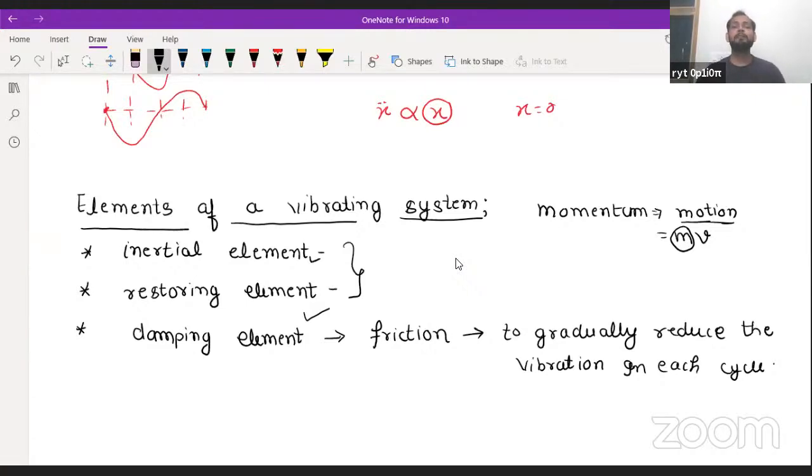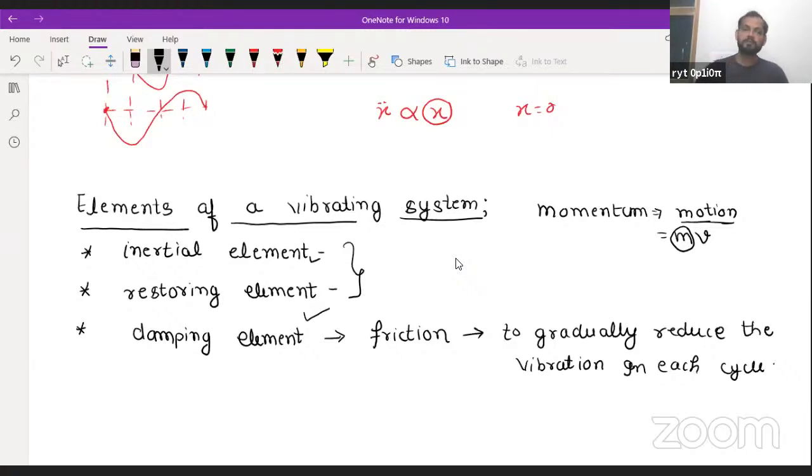So when a damping element is inside our system, in each cycle the energy of the system is wasted, so it gradually decreases. As you have observed, when you displace a pendulum from its mean position, after some interval of time it comes to its mean position. It comes to its mean position only because of the frictional or damping element.